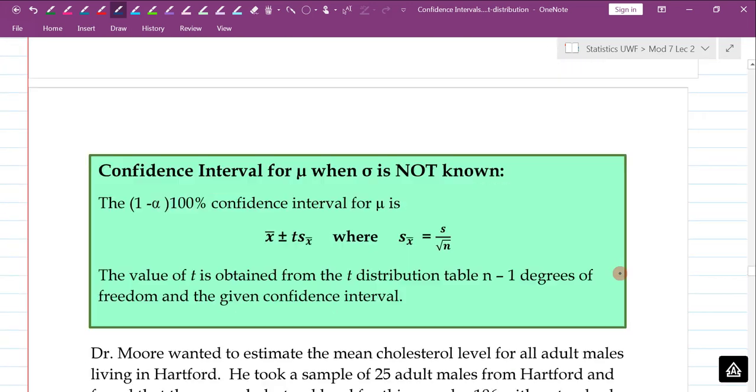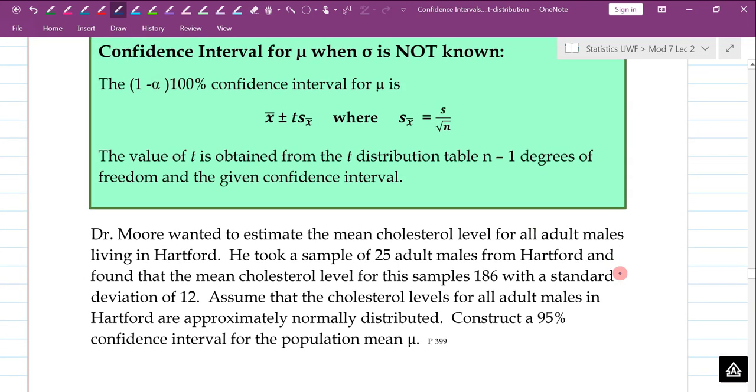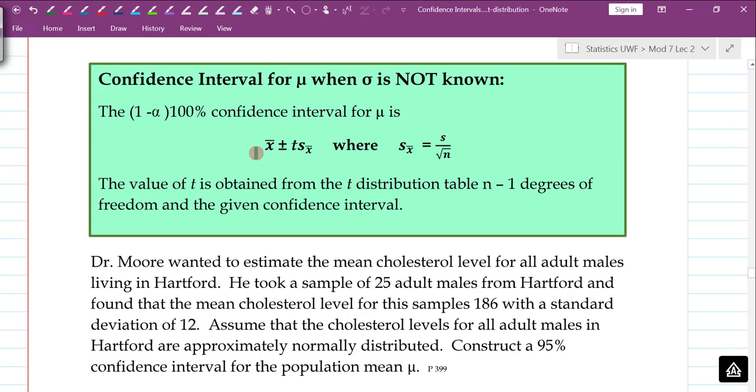Okay, so confidence intervals for mu when sigma is not known. When sigma is not known, our confidence interval formula looks very much like our confidence interval formula for when we do know sigma, the standard deviation for the population.